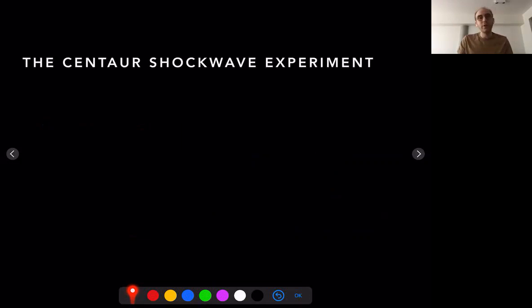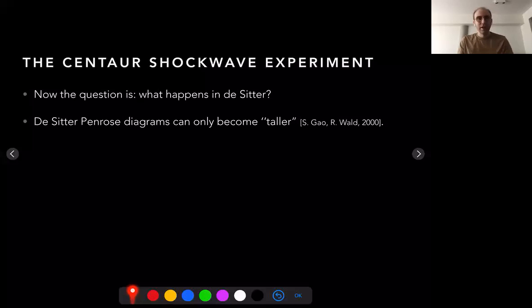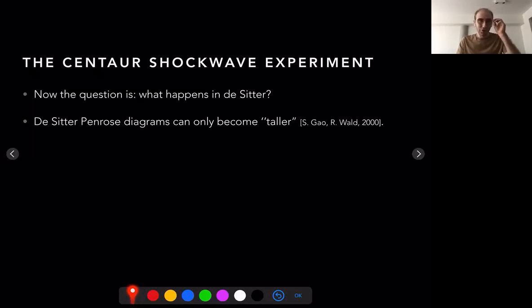Okay, now we can do the same experiment with our centaur geometry. So we want to see what happens in dS. In dS, if we do this experiment, well, okay. There are shockwave solutions in dS, and there are theorems by Gao and Wald that say that the Penrose diagram in dS always becomes taller when you put this extra matter.